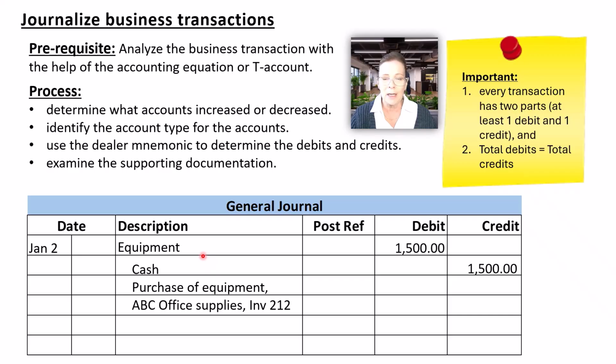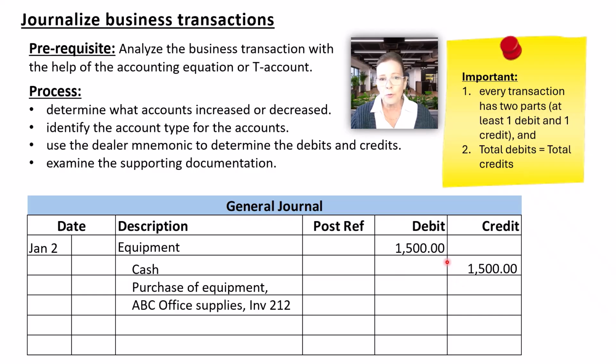Here it is the equipment account, followed by entering the debit amount into the debit column, in this example, $1,500. On the second line, you'd indent slightly and enter the account name of the credit transaction into the description column, and then enter the credit amount into the credit column. And here it's cash, the cash account, and a $1,500 credit.